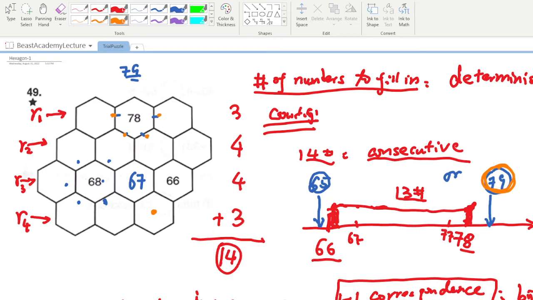Do you agree with me? Then 69 can go here, right? It can go to all these positions.